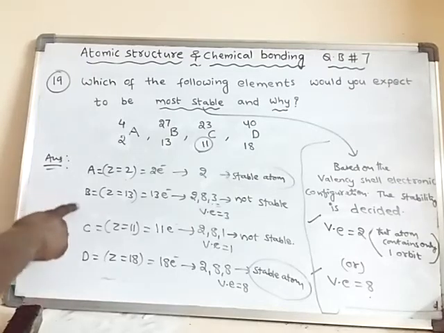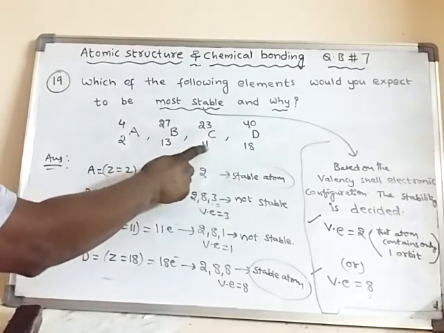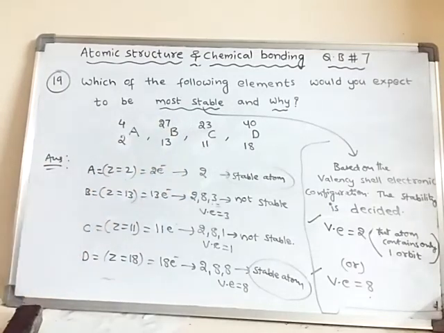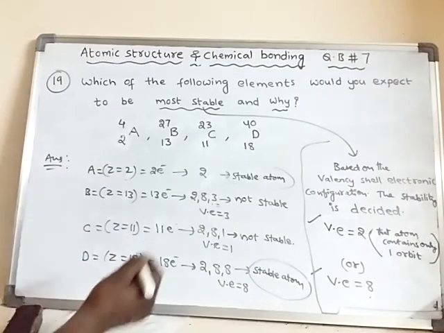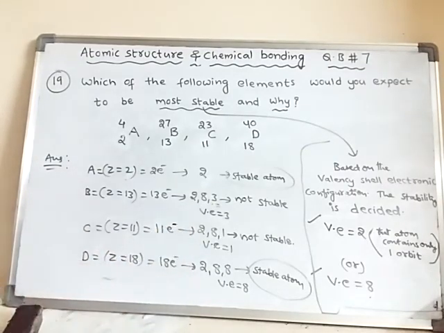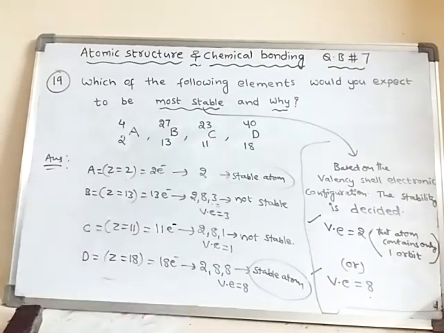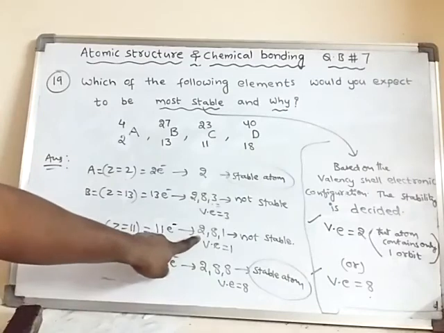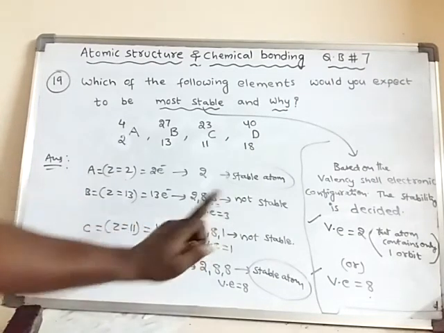Next, let us go to element C. Its atomic number is 11 and its mass number is 23. As its atomic number is 11, it contains 11 electrons, distributed in 3 orbits. The first orbit contains 2, the second orbit contains 8, and the third orbit contains 1 electron.